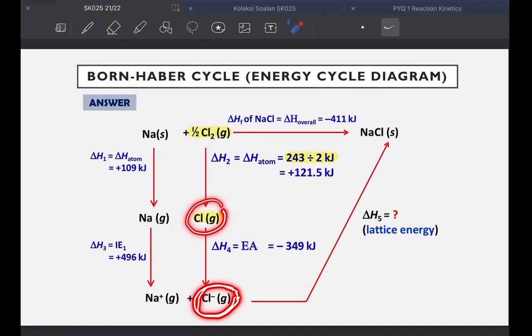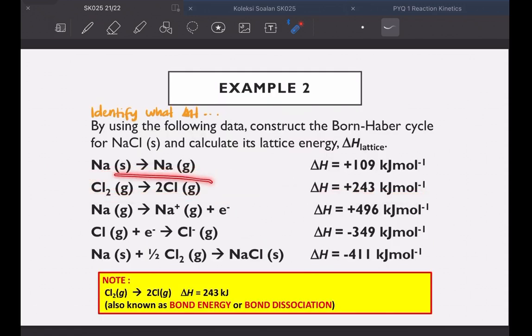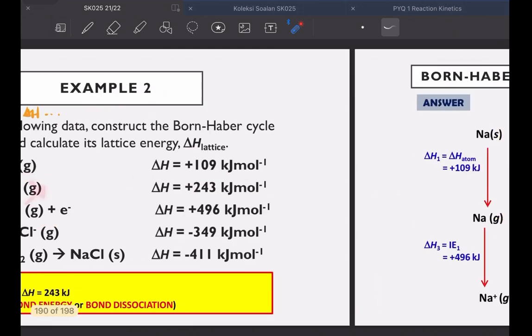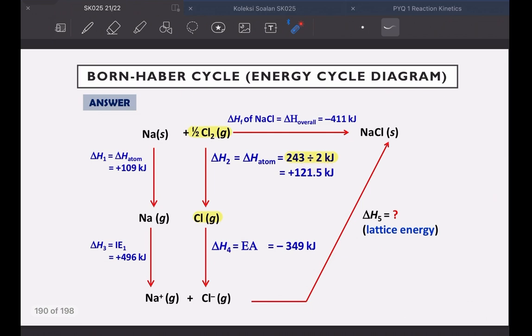So that means we want only one, we want 1 here. So you will have to divide the whole equation by 2. So you get just 1. If you use this one, you will get 2 chlorine gas atoms. We don't want that, okay. So that's why you have to divide by 2. Alright. And then as usual, you use clockwise equals to anti-clockwise, you can find your delta H lattice energy.